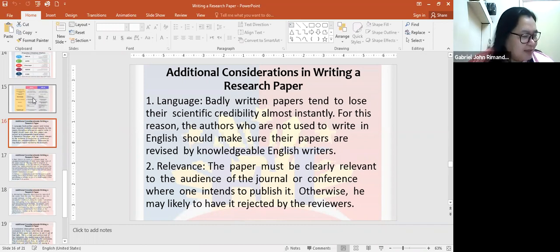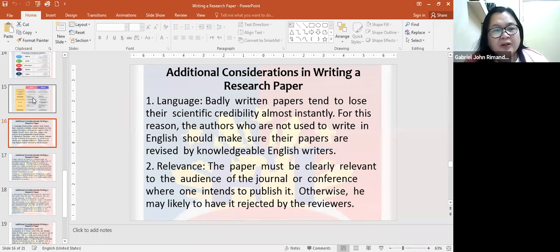Okay. So, number 2, relevance. The paper must be clearly relevant to the audience of the journal or conference where one intends to publish it. When we say relevance, it should be an updated work, a fresh new idea.